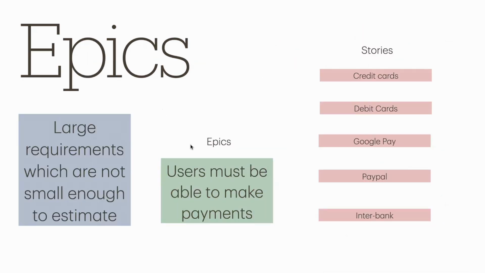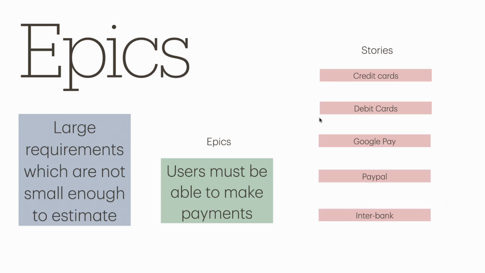Then, epics we discussed. There's an example here. Large requirements which are not small enough to estimate are known as epics. An example of an epic here: users must be able to make payments. A developer will not be able to develop it because it is too ambiguous. Now we can decompose that into smaller stories like users must be able to make payments using credit cards.